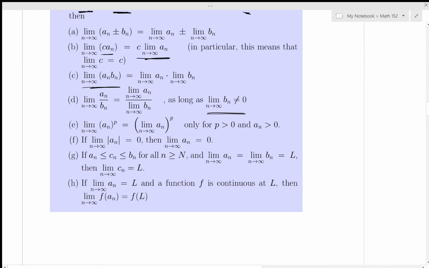p is a constant. If the limit of the absolute value of a sequence is 0, then the limit when you take the absolute value signs away is also 0.